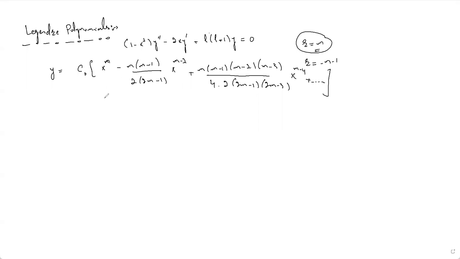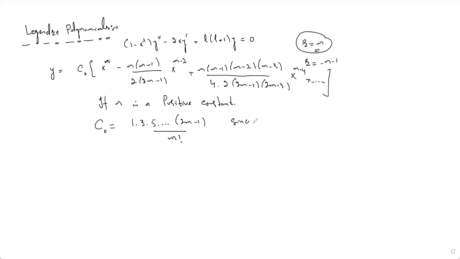Now I will assume that m is a positive constant, or we can say a positive value, and we will let c0 be equal to 1 3 5 and so on up to 2m minus 1, divided by m factorial. Since this is a constant, it will depend upon the value of m.